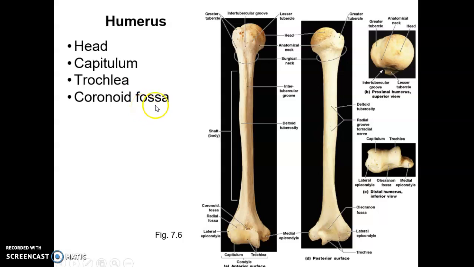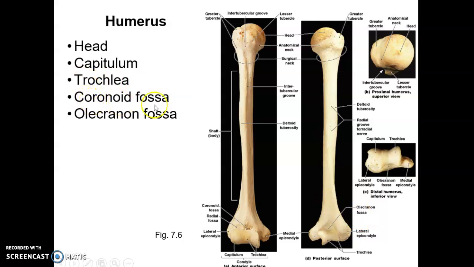Then there's the coronoid fossa, which is on the anterior aspect of the humerus, this somewhat shallow depression. On the posterior distal end of the humerus, there's a deeper depression called the olecranon fossa.